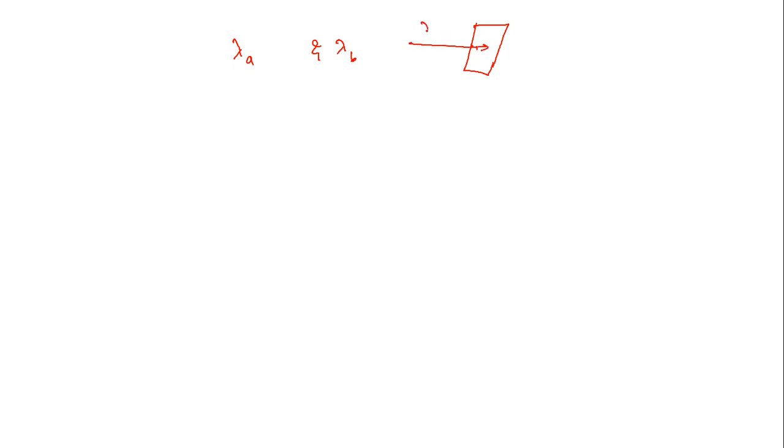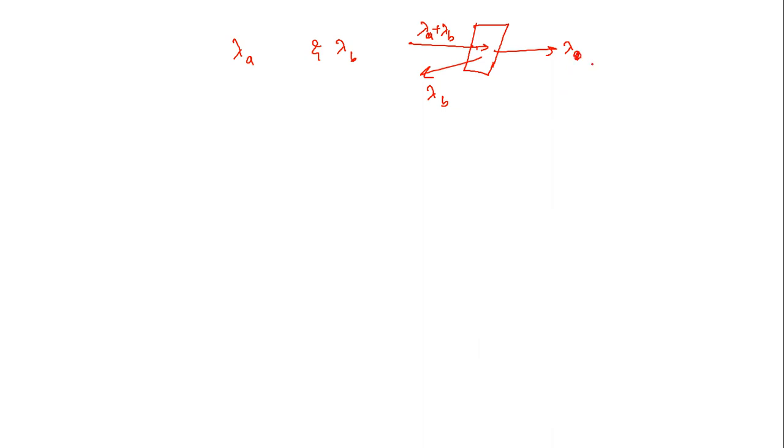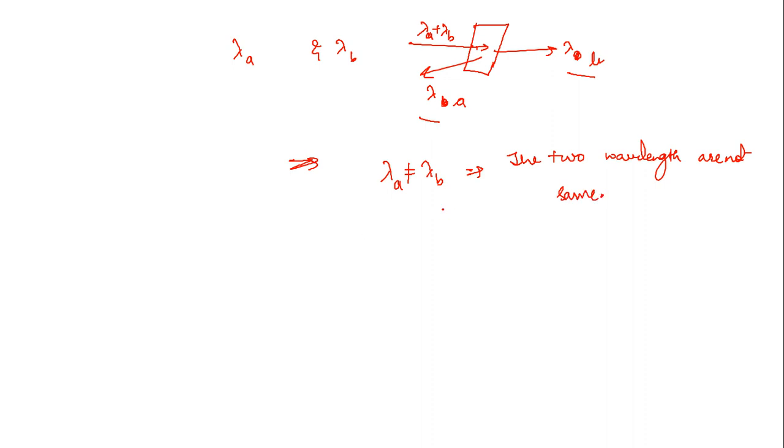It has allowed lambda B and it has reflected lambda A. Or I think in the question it allows lambda B, yes, so we'll take this to be B and this to be A. So then since the property of a short pass filter is to allow the shorter wavelength of light and not allow the longer wavelength of light, we can conclude from the relation that first of all lambda A is not equal to lambda B, that is the two wavelengths are not the same, because otherwise if they were the same, both of them could have passed through this filter.